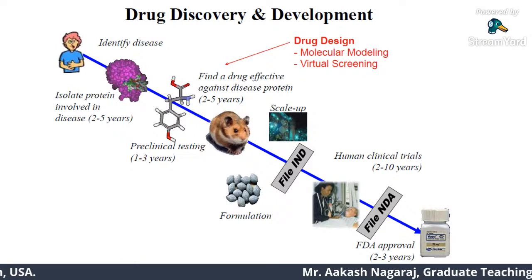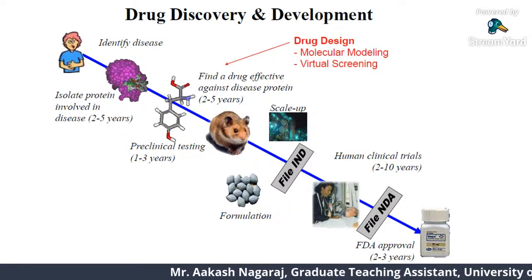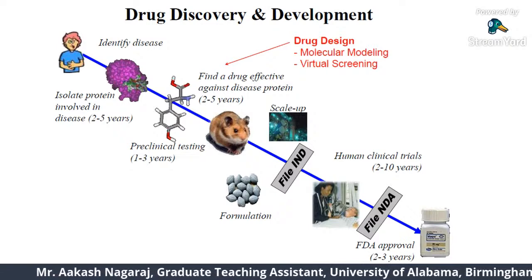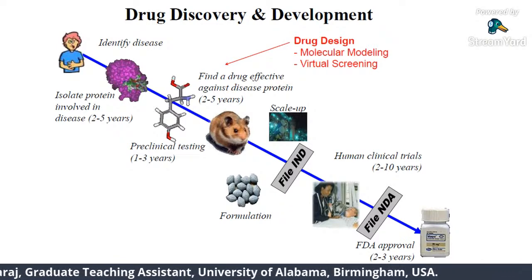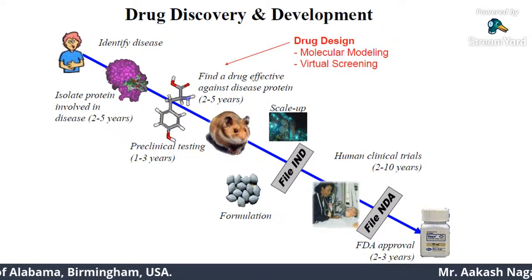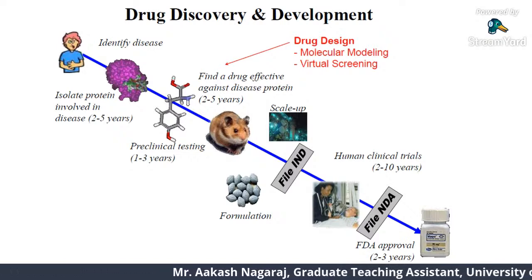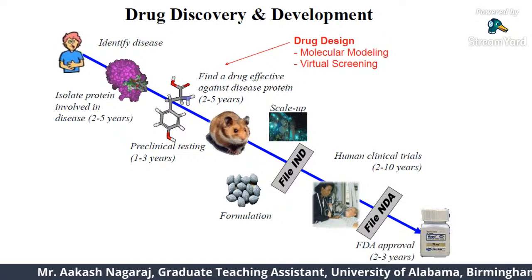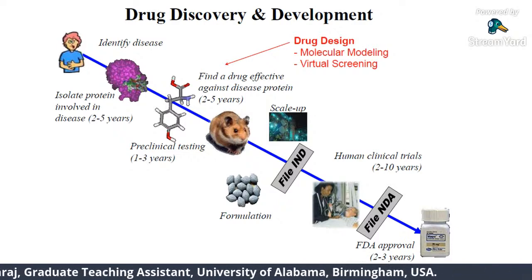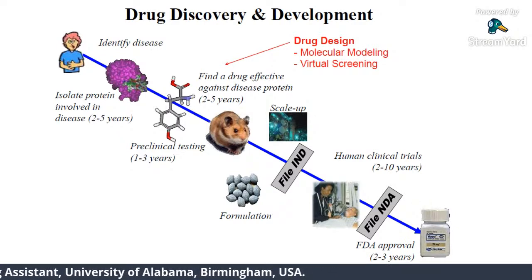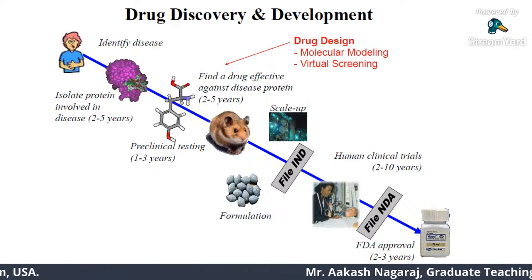Small molecule drug candidates are designed by molecular modeling. First will be preclinical testing in cell cultures, and then we would move on to animal studies in mice or other animals, and then we will scale up, then human clinical trials, trial 1, trial 2, and trial 3, and finally the drug approval.